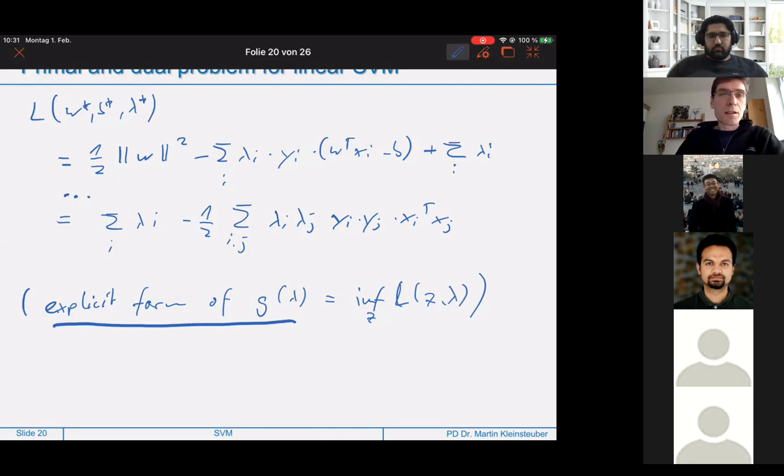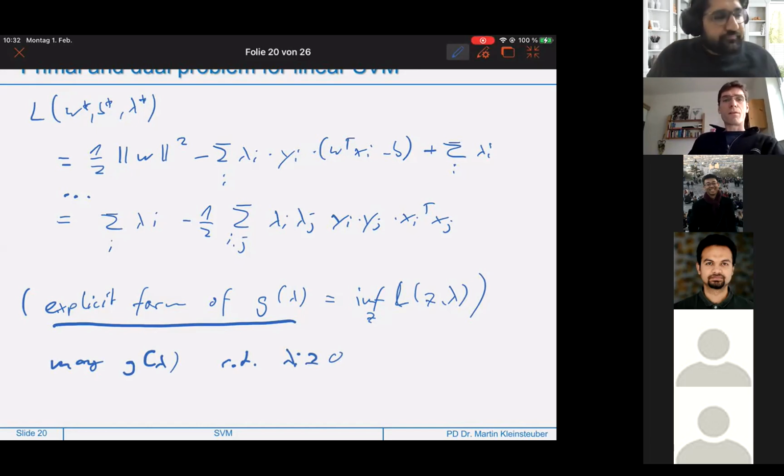Then we can use this dual problem and solve it. Remember, that was maximizing G lambda subject to lambda i greater or equal to 0. This is the dual problem of our support vector machine.